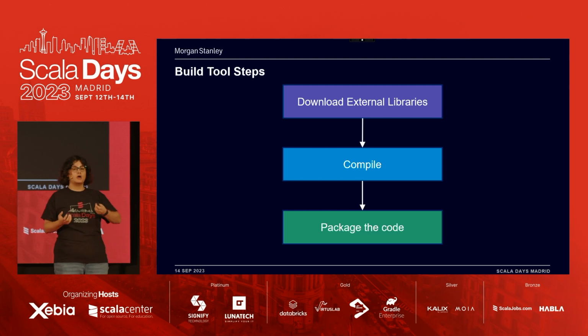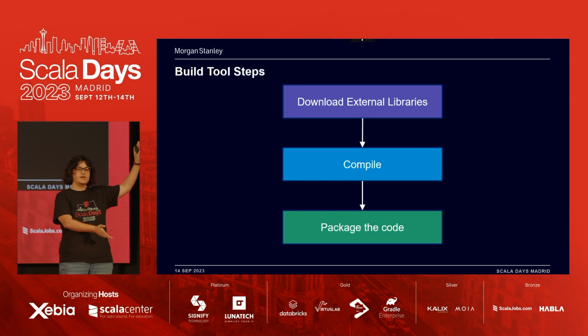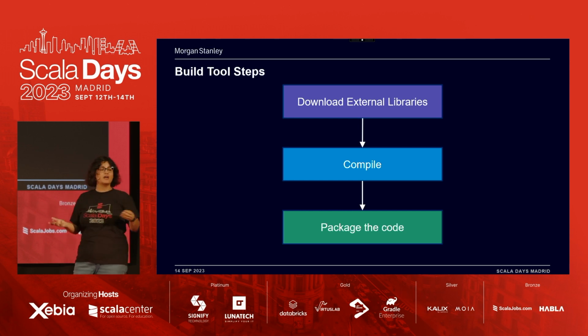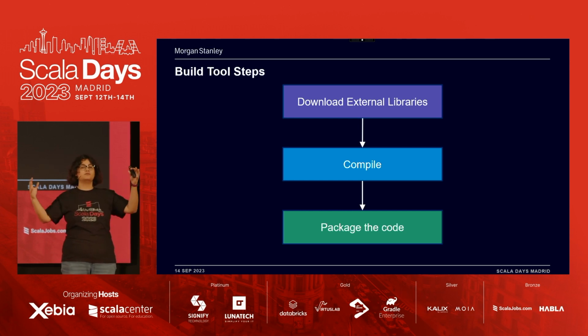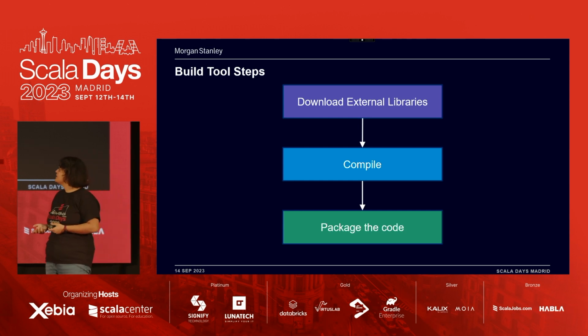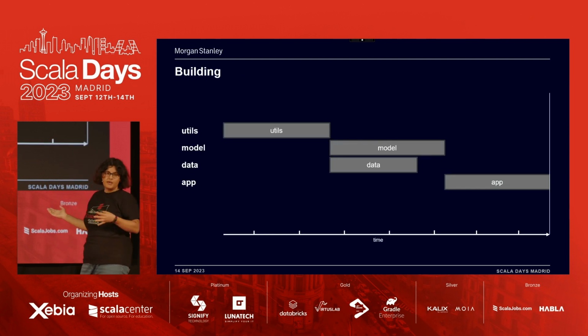Then I'm gonna compile my code. That is, I have this lovely text, and then I'm gonna give it to the Scala compiler, and the compiler is gonna produce some class files, and then I'm gonna package the code. That is, I'm gonna put all of these class files into something that I can run, that being a jar, then being executable. So this is what we have so far.